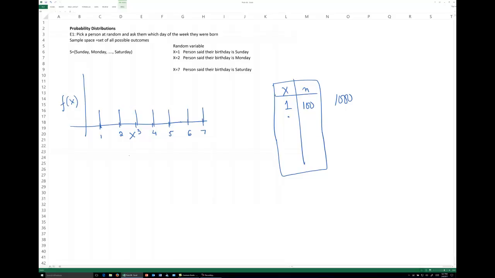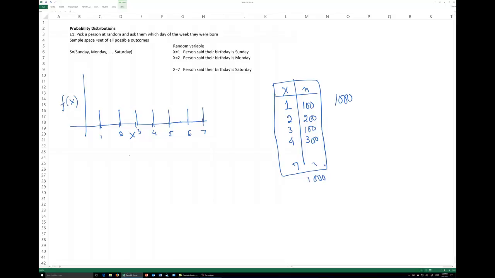I find that 200 were born on Monday, another 100 were born on Tuesday, and 300 were born on Wednesday, and so forth. So 7 will be something, and these will add up to 1,000.